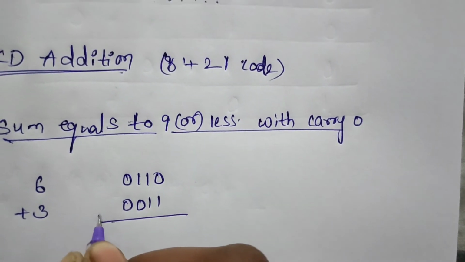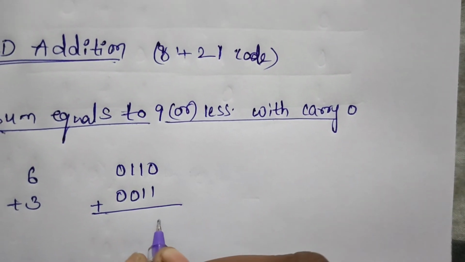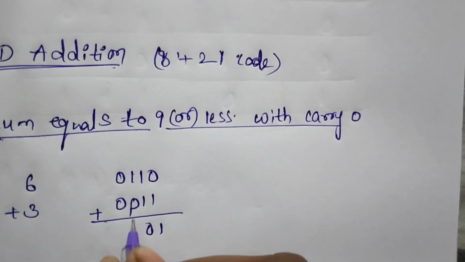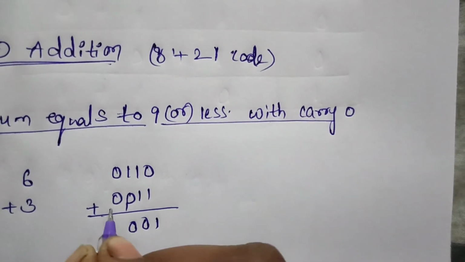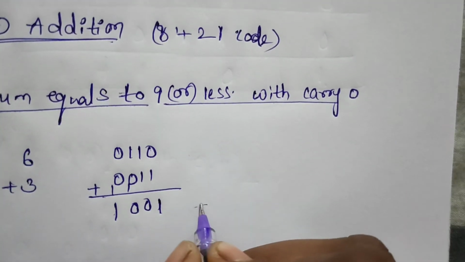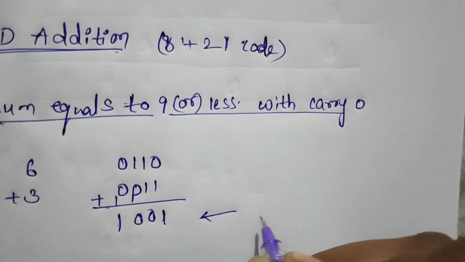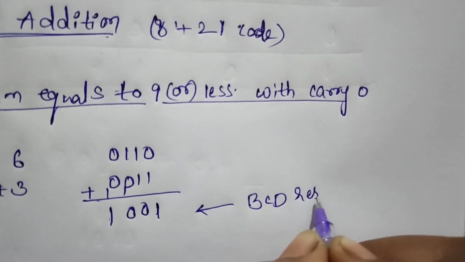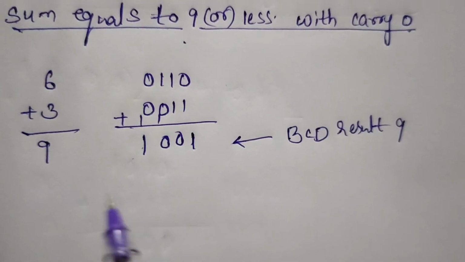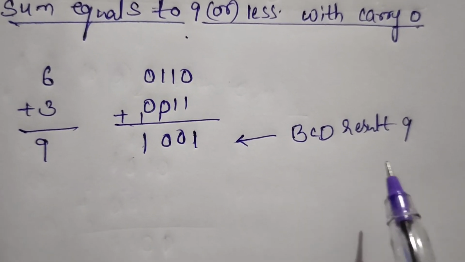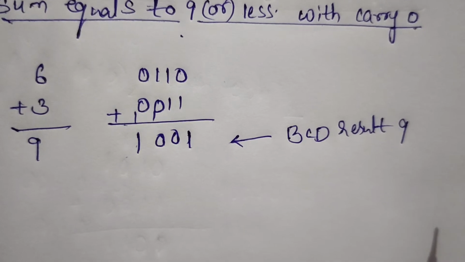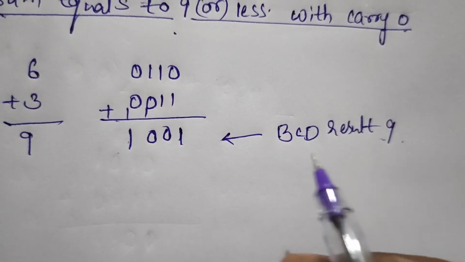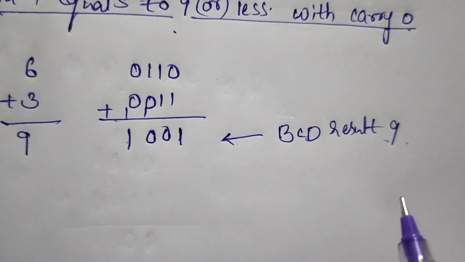On adding these two numbers, we get the sum and carries, and the BCD result is 9. In this case, addition is carried out as normal binary addition because the sum is 9, which is a binary coded decimal.